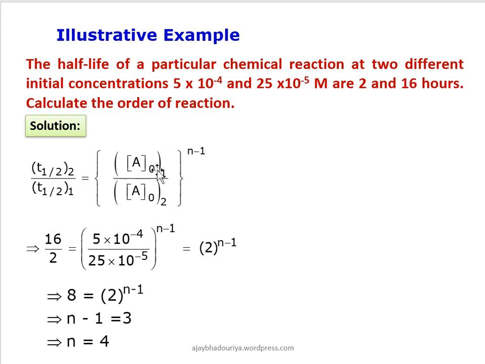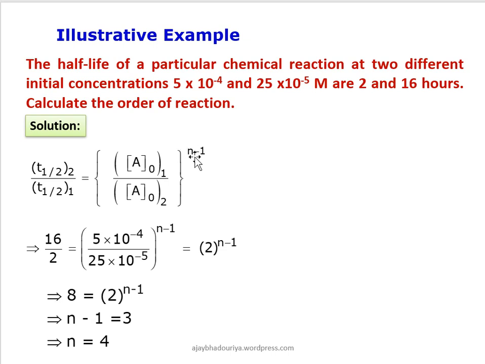So T half for the second reaction and T half for the first reaction is equal to the concentration of the first and the concentration of the second reaction raised to the power of n minus 1.